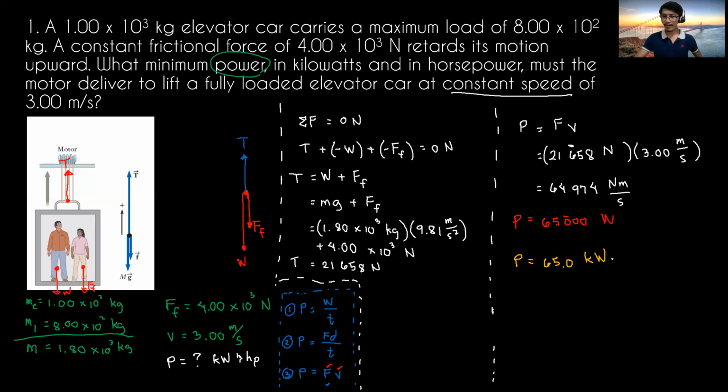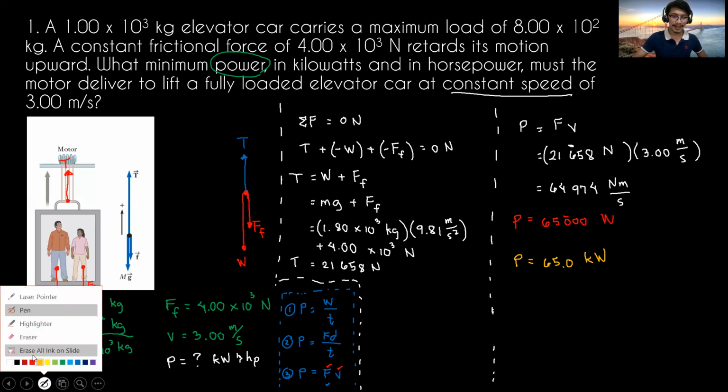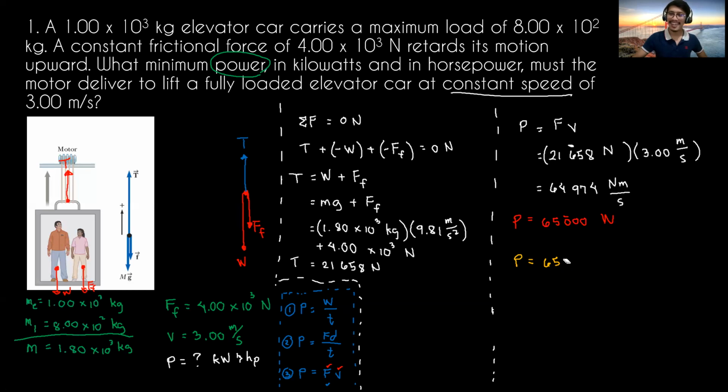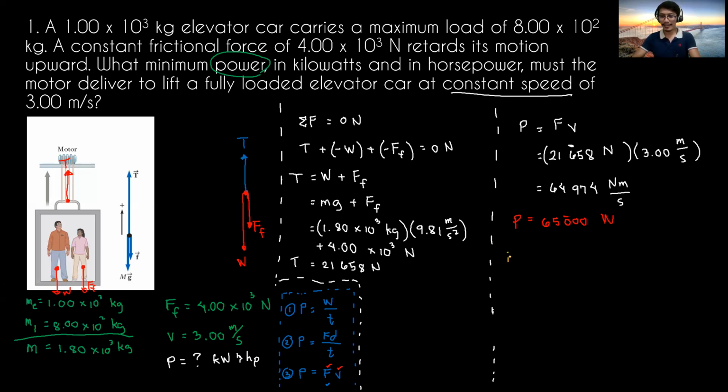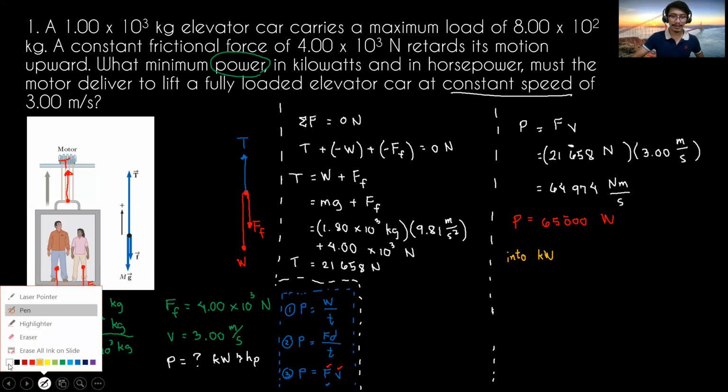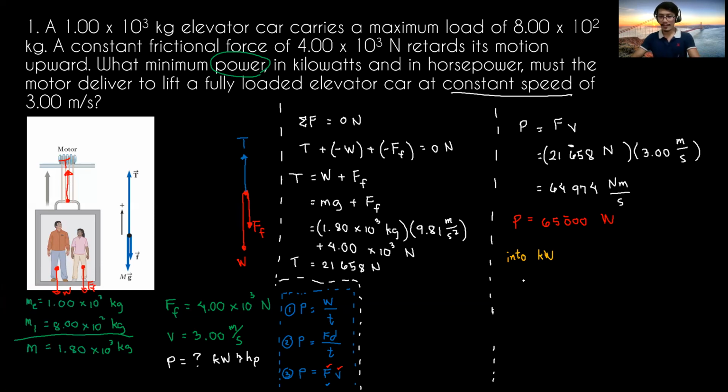So that is just 65.0 kilowatts. Right? You just divide by 1,000. And you can convert that into kilowatts. Let me just show it. So to convert into kilowatts, you just divide the wattage by 1,000.